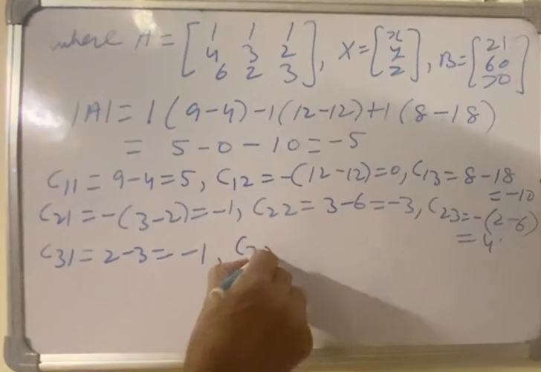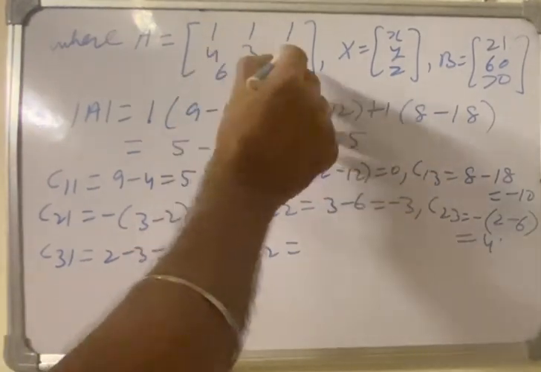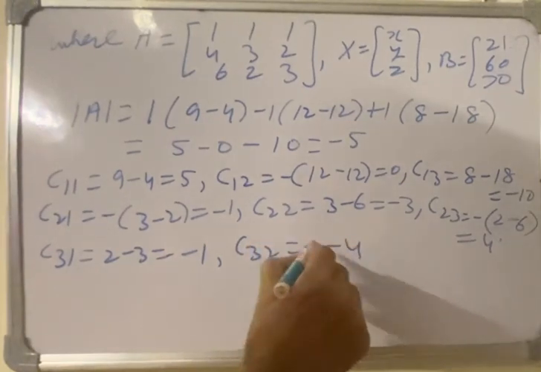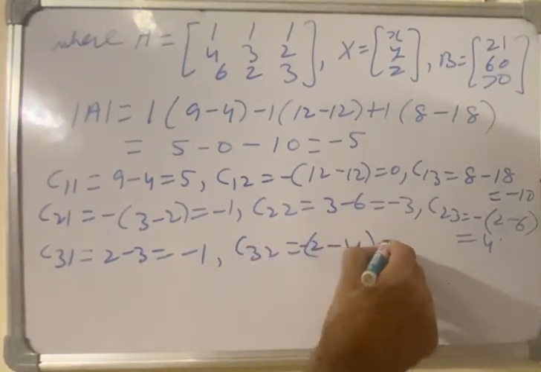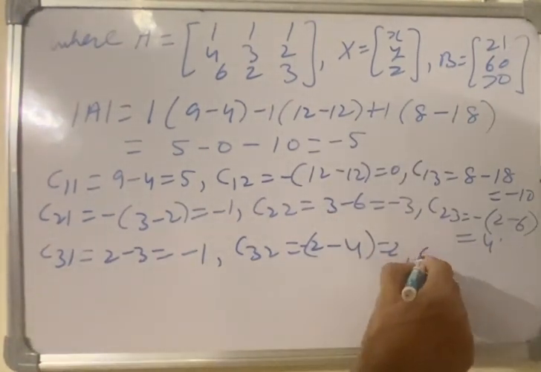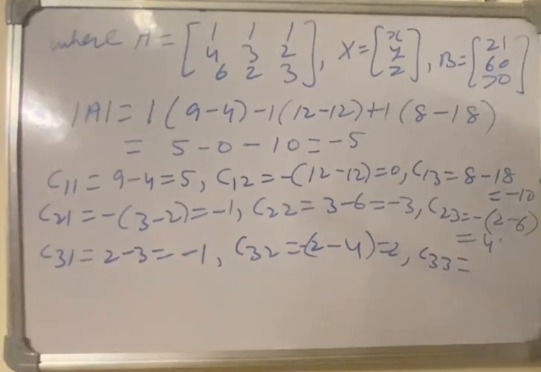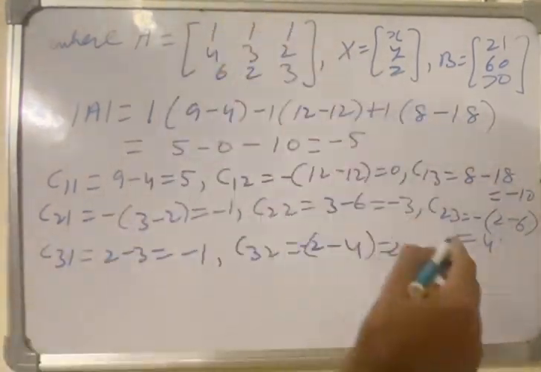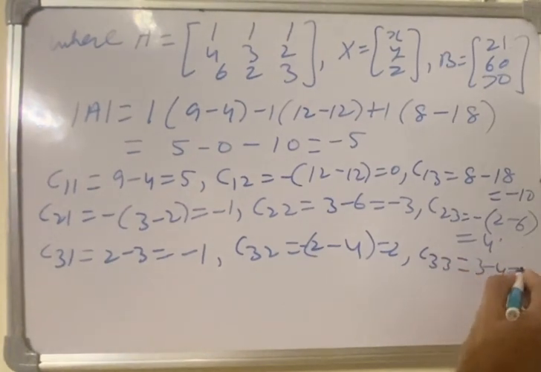Then C32 is equal to minus (2 minus 4), it is 2. Then C33, last element of third row, is 3 minus 4, it is minus 1.